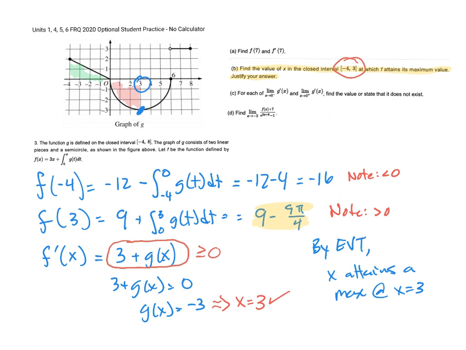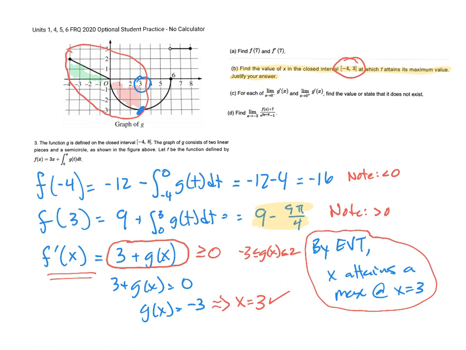Because on negative 4, 3, g is between negative 3 and 2. So the derivative is going to either be positive or 0. The function is never decreasing. So the max is going to occur at that right-hand endpoint. Okay.